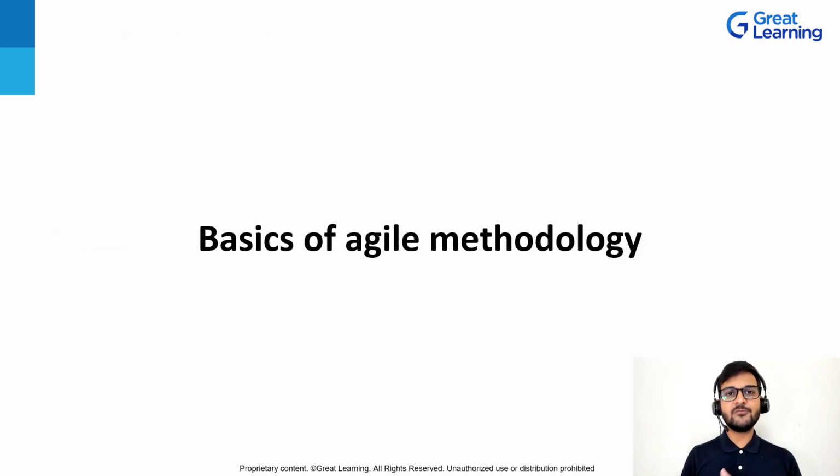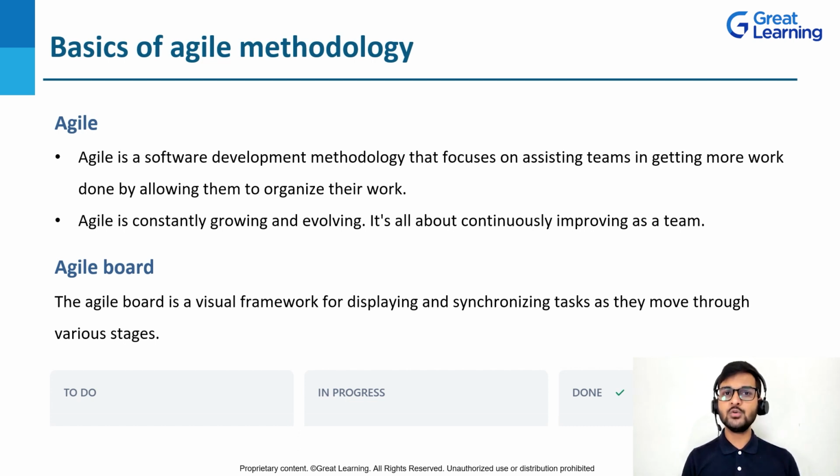All right. Before we move to the website and I show you the user interface of Jira and how exactly to create projects in Jira, it is extremely important for us to understand the basics of agile methodology. We have talked about the word agile quite a few times in this module. Now it is time to understand what exactly agile methodology is and what we need to remember from it.